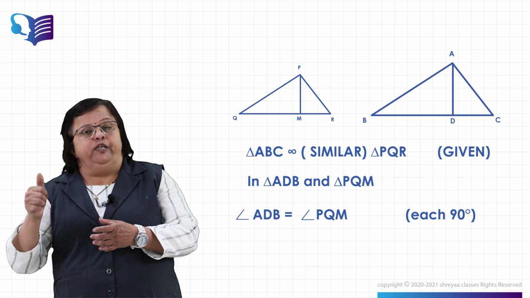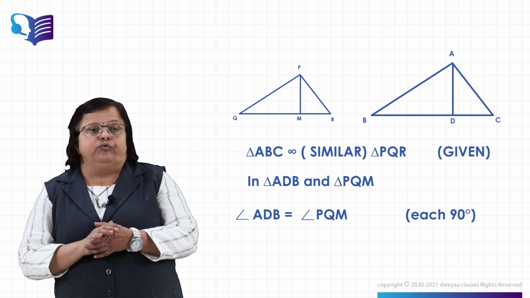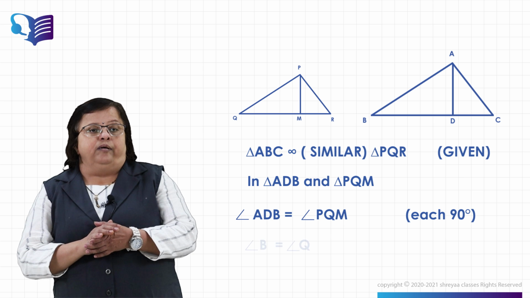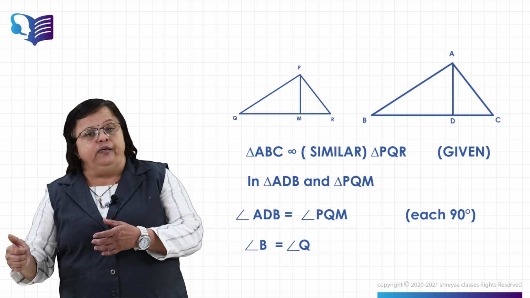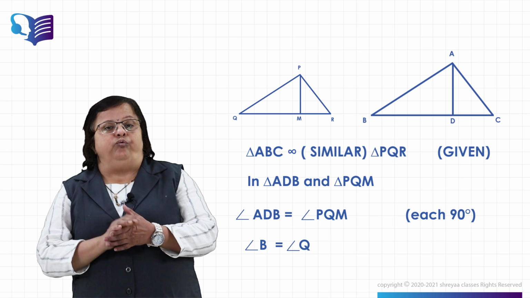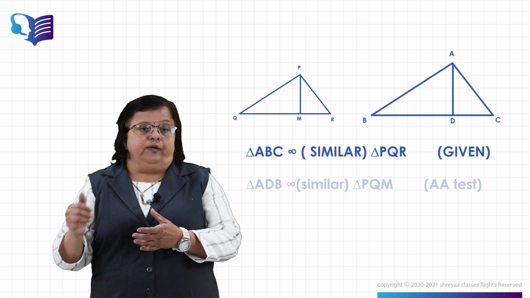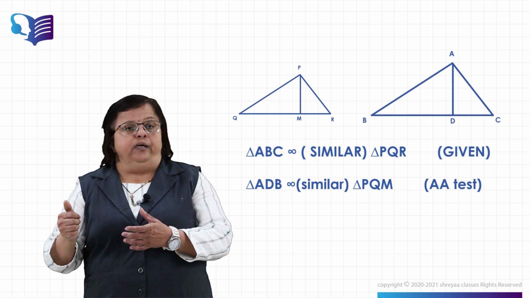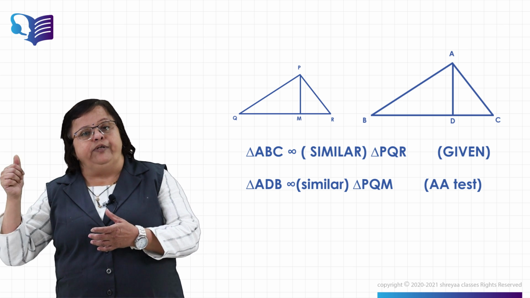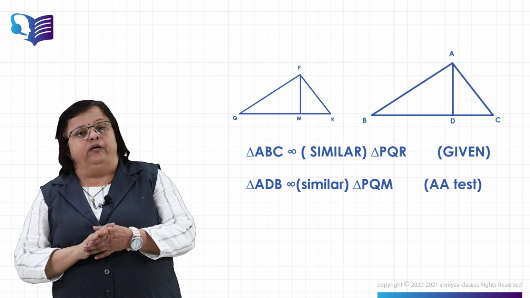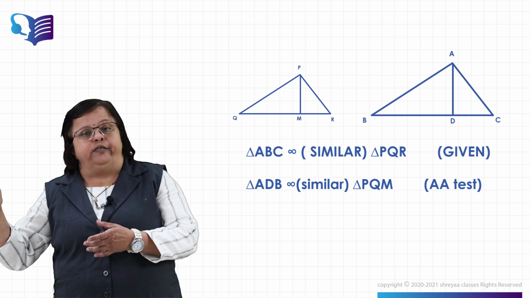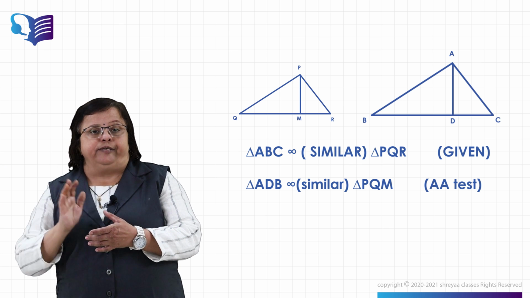Yes, each is 90 degrees, therefore they are congruent. Then angle B is congruent to angle Q. That we have proved already. Therefore, triangle ABD is similar to triangle PQM by the AA test, that is the angle test.